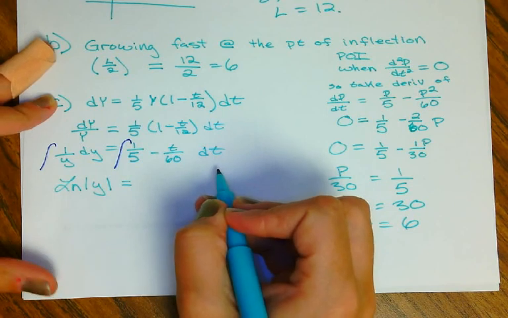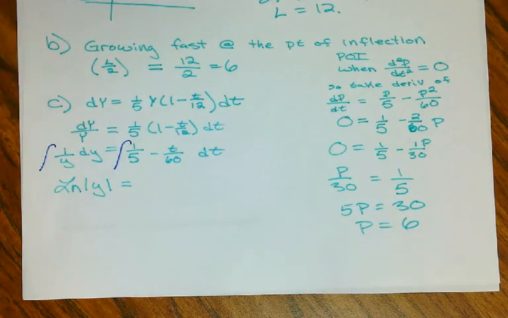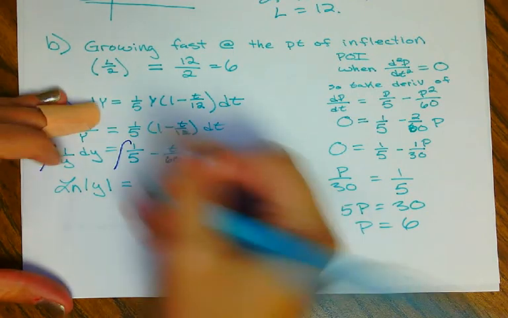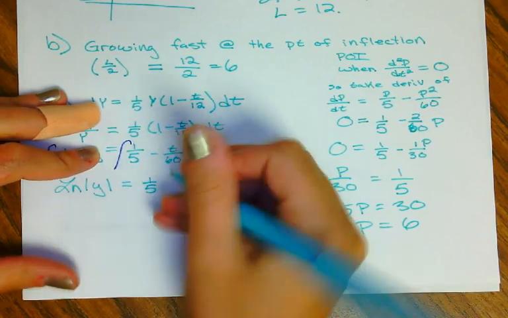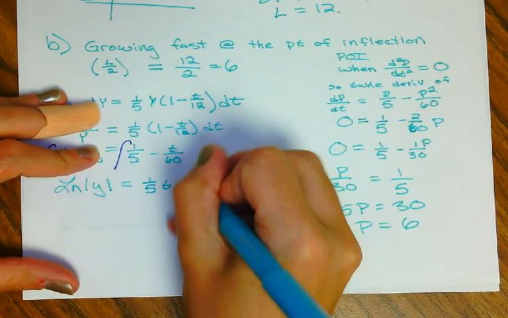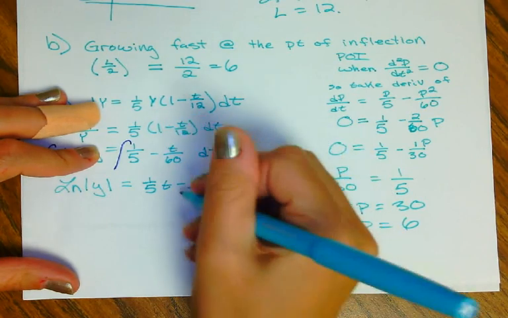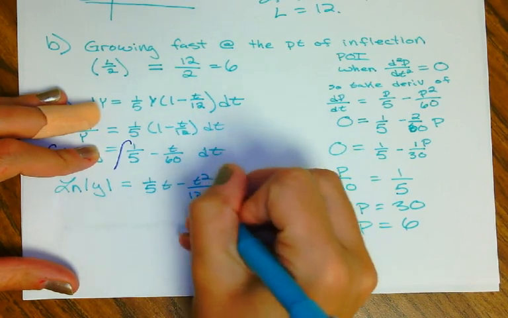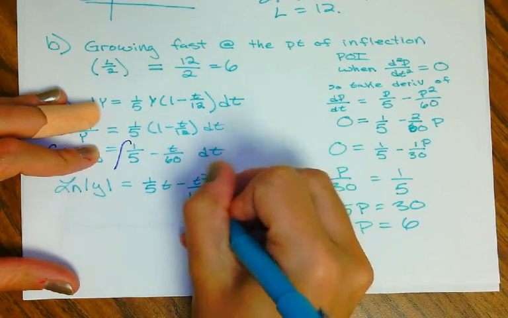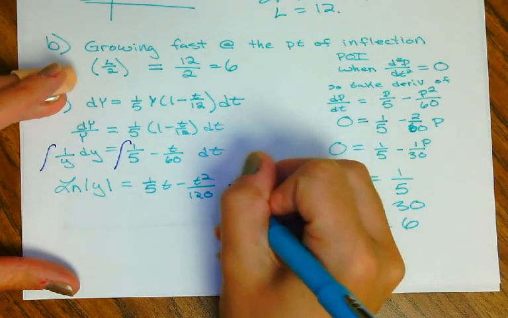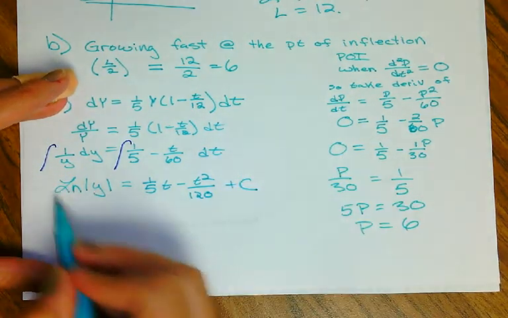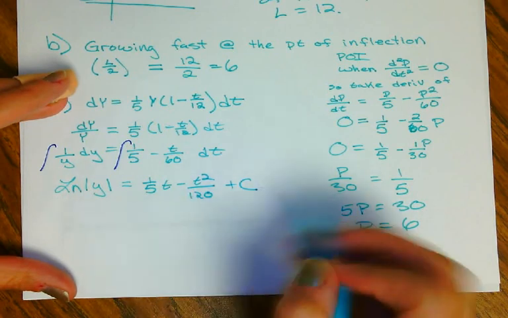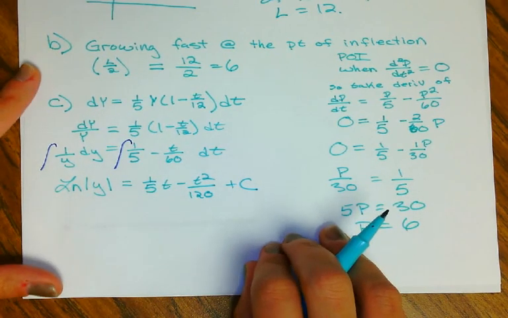When you integrate, you add 1 to the exponent and tack on a variable. So you'll have 1/5 t minus t squared, and dividing by 2 turns that into 120, plus c. Technically there's a plus c here and over here, but we're just going to write it on this side.